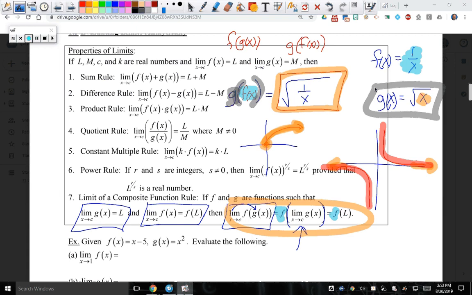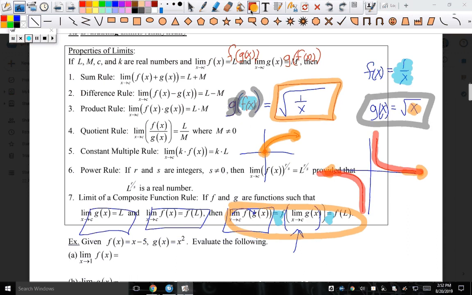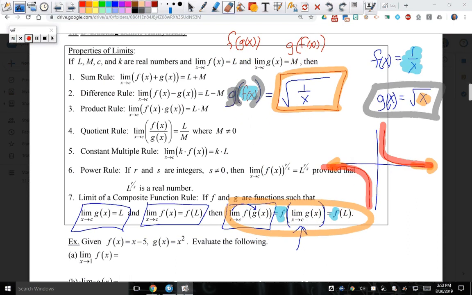So that means if I were to analyze the limit as x approaches c of g of f of x, because the outermost function is continuous, I can bring that limit symbol inside, and I'm going to apply it to f of x first. And whatever I get from that, then I'm going to put it into the g of x function. Are you with me? That's how you're doing this.